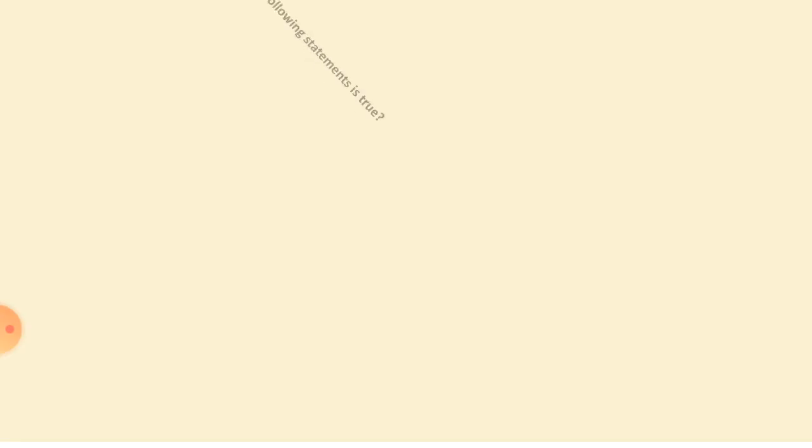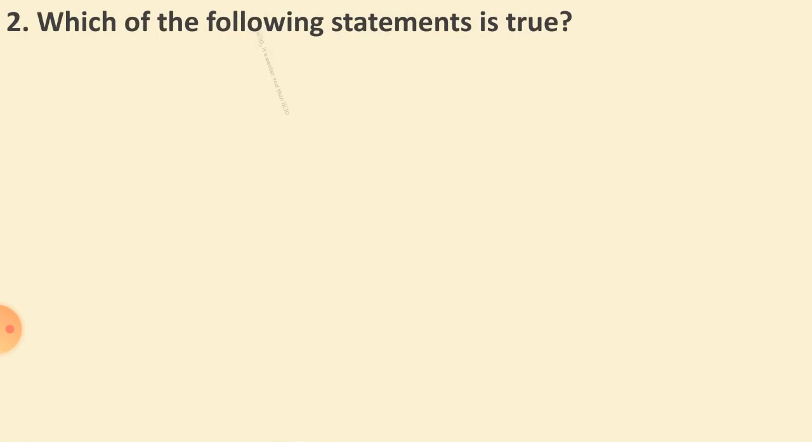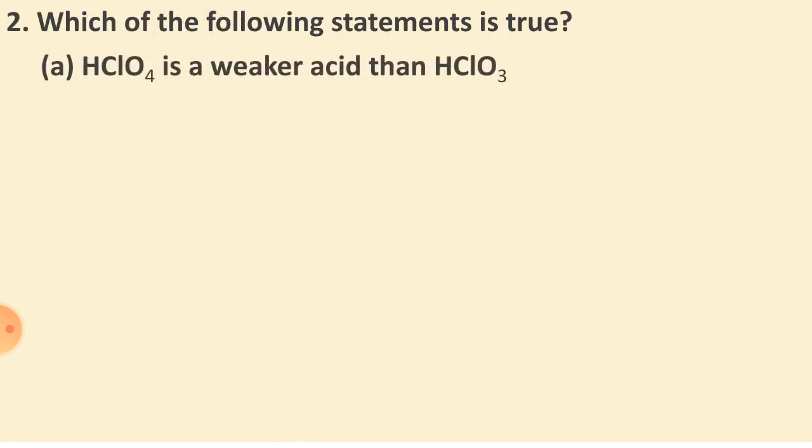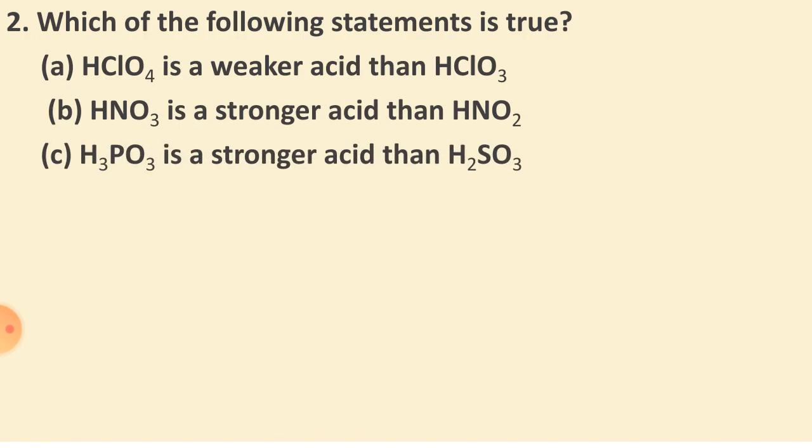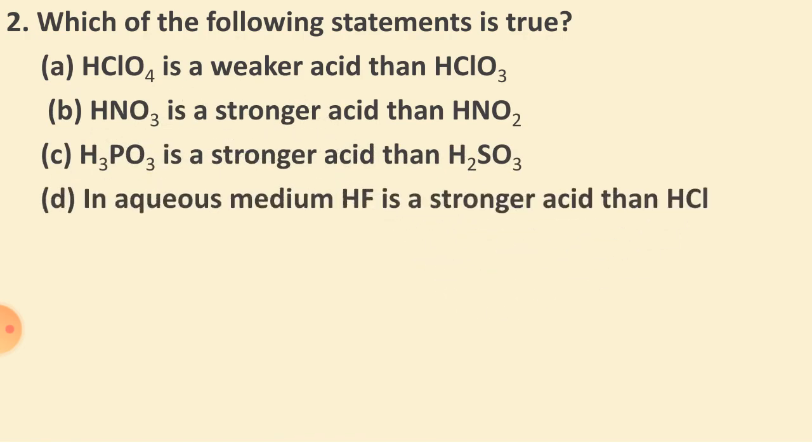Now, which of the following statements is true? HClO is a weaker acid than HClO3; HNO3 is a stronger acid than HNO3; H3PO3 is a stronger acid than H2SO3; in aqueous medium HF is a stronger acid than HCl. So listen to the PPT video carefully and try to find the answer to this question.